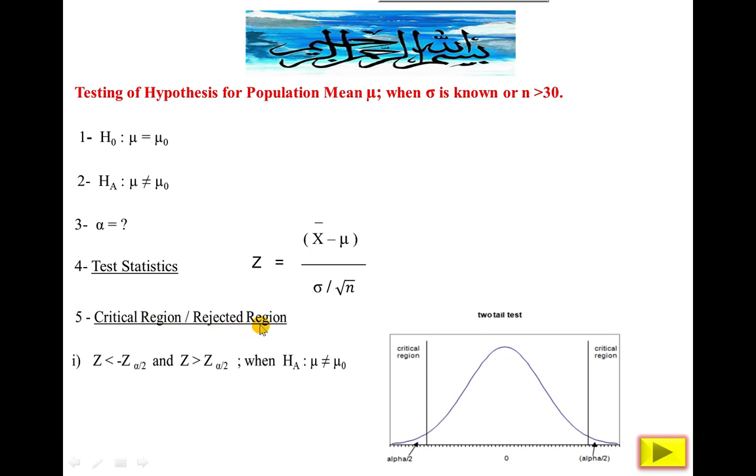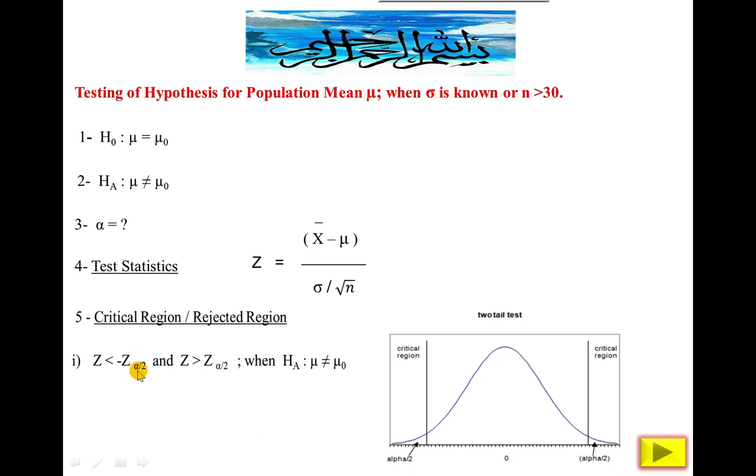Fifth step, critical region same as previous, but instead of t we use the notation z. This z represents the calculated value, and this z alpha represents the table value or expected result we obtain from the normal distribution table with the help of alpha. Alpha is the probability of error.